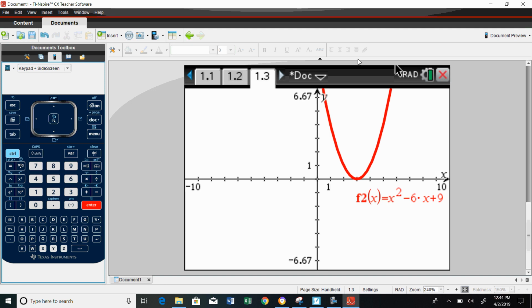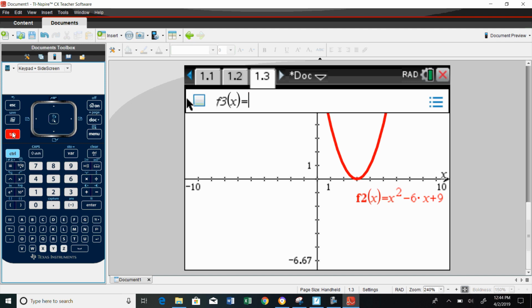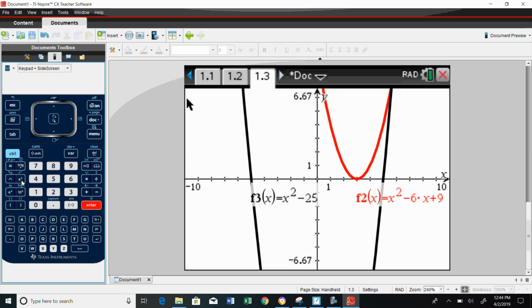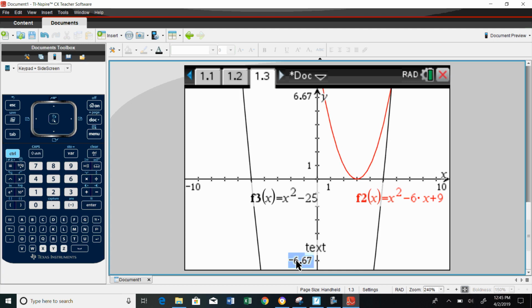And of course, if I type in another function, for example, x squared minus 25, that is a parabola that is crossing through the x-axis in 2 places, and so that one has 2 real solutions.